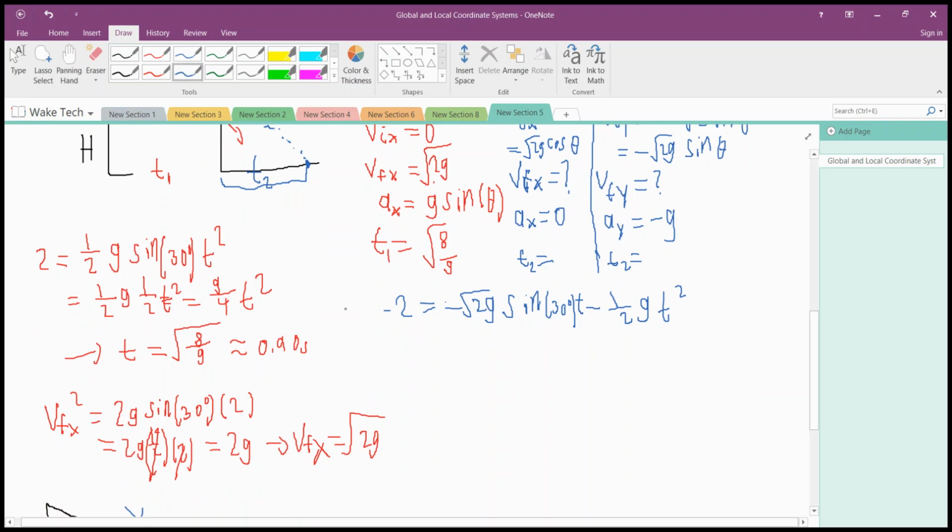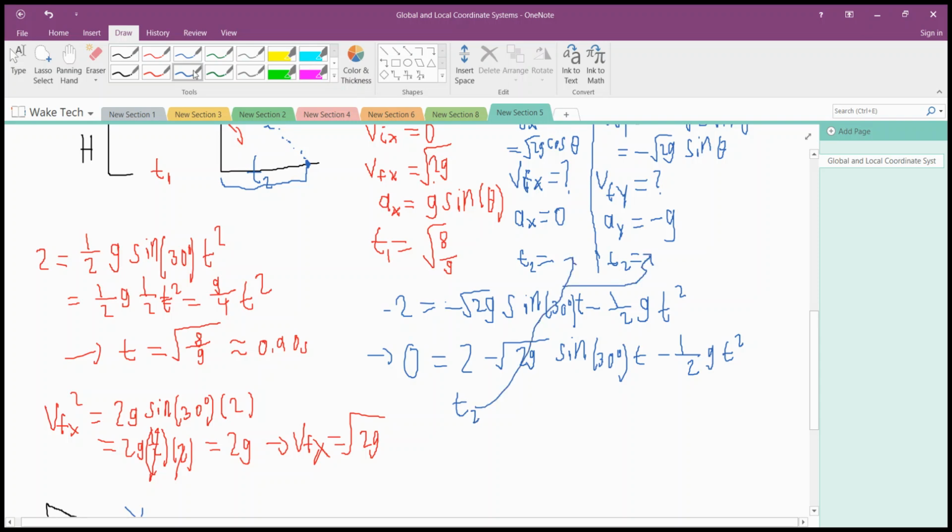Just add the 2 to the other side, and you'll see that you get a nice quadratic equation that can only be solved by the quadratic formula. Factoring will not work. Or you can use PolySolve or some other computer program to solve for it. But when you do that, you'll find out what t2 is, and that'll be your answer for here.